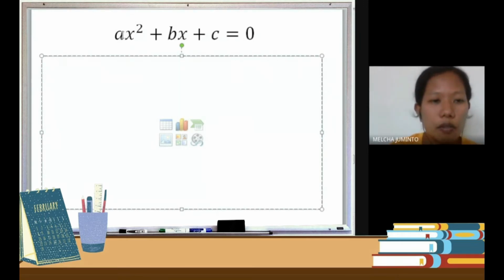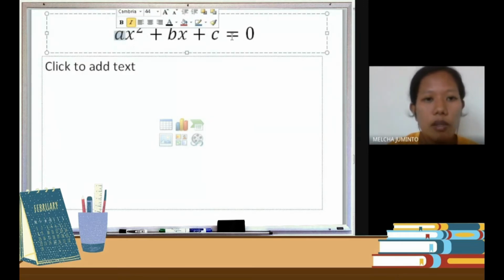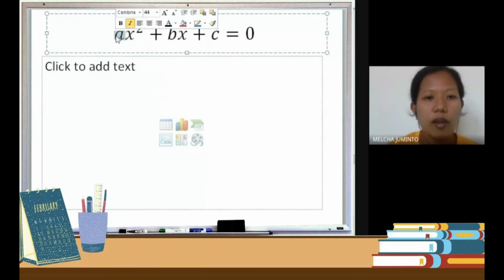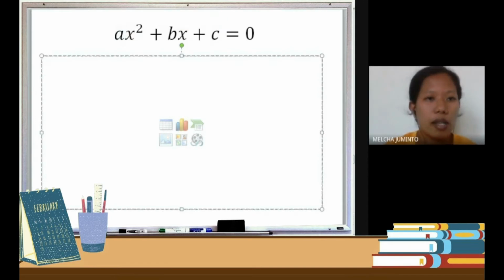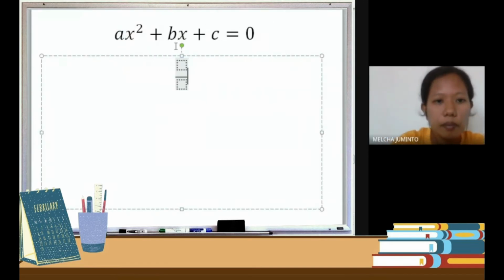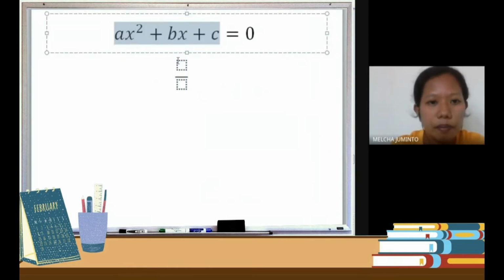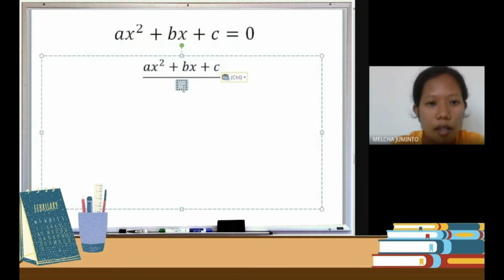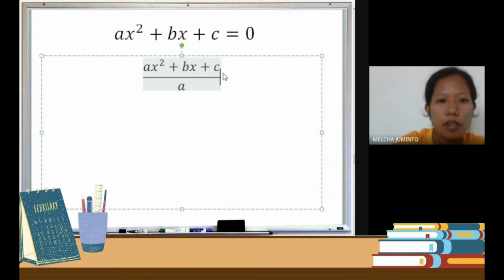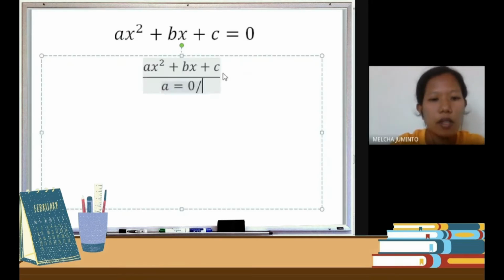First step is to divide both sides by a, because there is an a here in the x squared. We need first to divide both sides by a. So to do that, we will do it this way. I will copy this one, and then divide both sides by a.